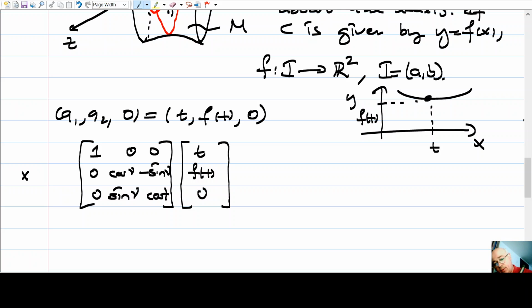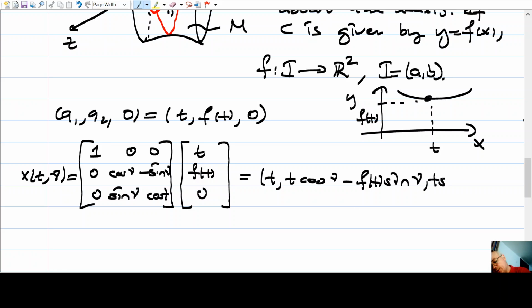Okay, so this is my X of t, nu. And what is the result? Result is, okay, t, and then t times cosine nu minus f of t times sine nu, and t times sine nu plus f of t times cosine nu.